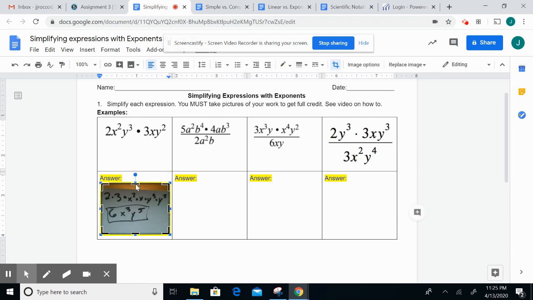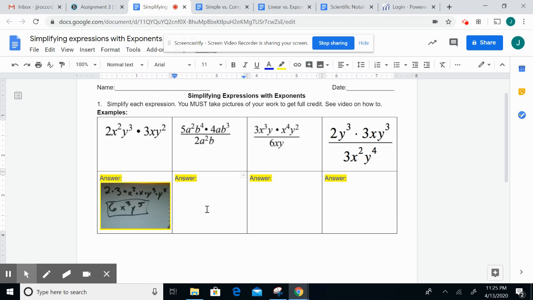All right, feel free to crop it so that there's no hands or faces in it. And you can see I just rearranged it and I simplified it. Whatever work you did. If you need to write out the expanded form, if you watched the first video, you know what that is. Feel free. You can see that there are 3 x's and 5 y's.